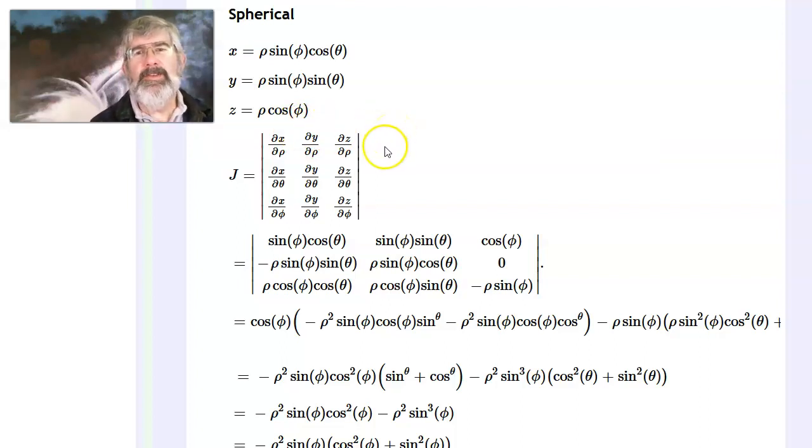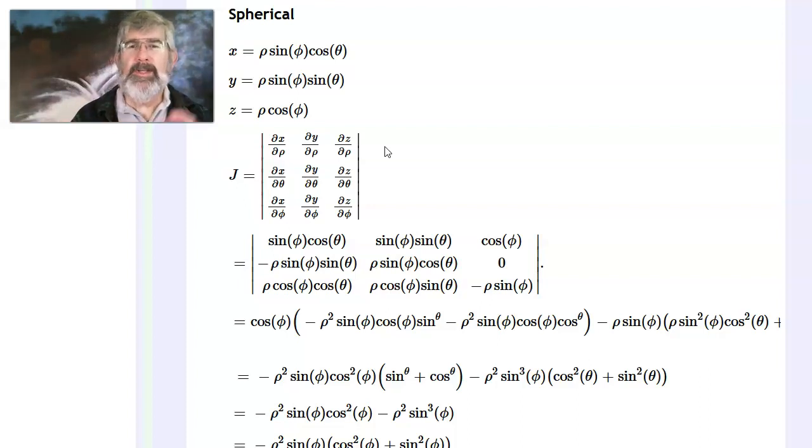My point being is the setup of the Jacobian here is very highly dependent on what order you list your variables in. And it's going to make a difference whether you get a plus or a minus sign out in front of this determinant.